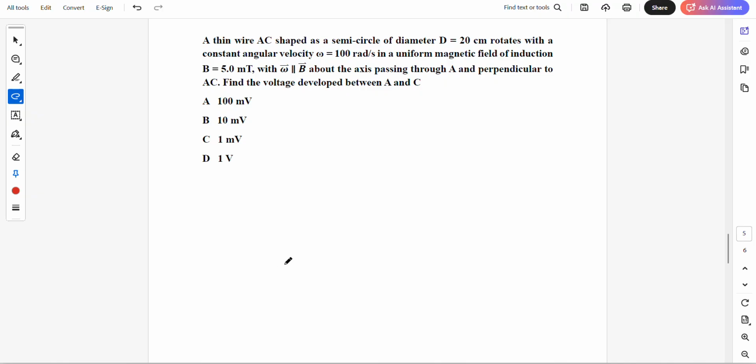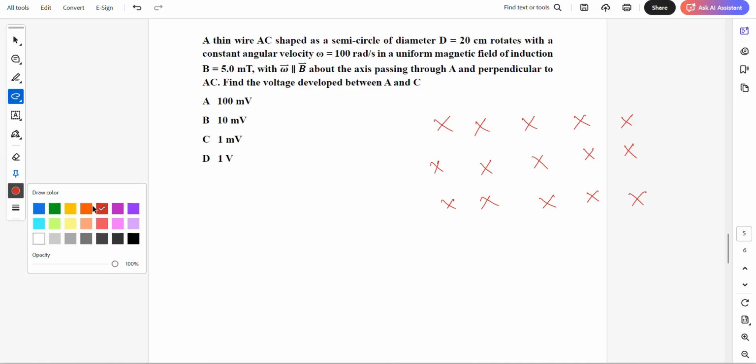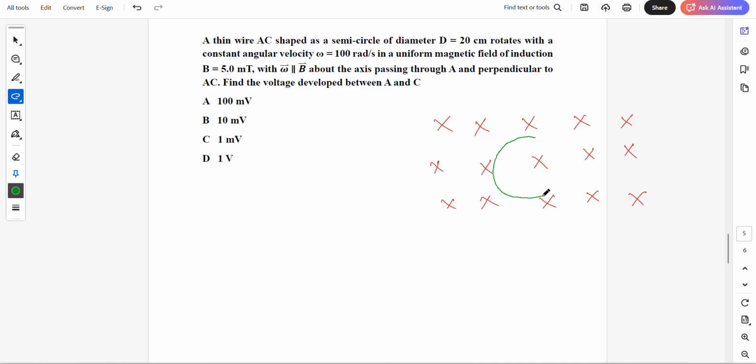What is it saying? It is saying that a thin wire AC shaped as a semicircle of diameter D. Let us say there is a field into the plane of the paper. I will take one semicircle like this.